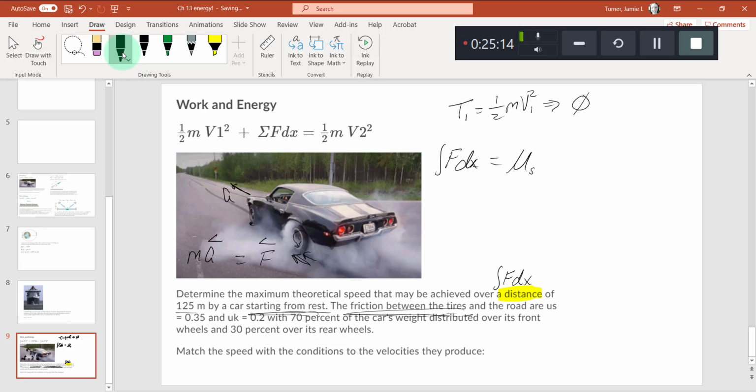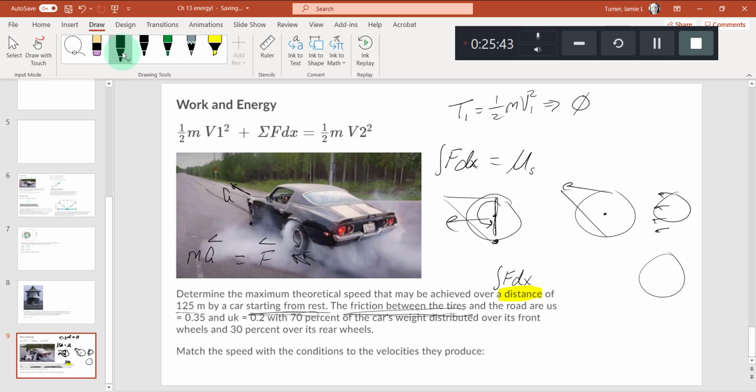What happens is, the tire is rotating backwards as the whole car is going forward. And if you look at the velocity profile across the car tire, it will look like this. The whole thing is going forward, but then it's also rotating.